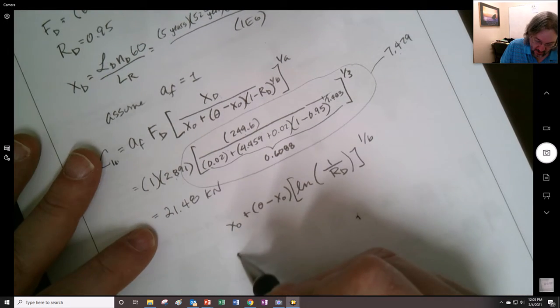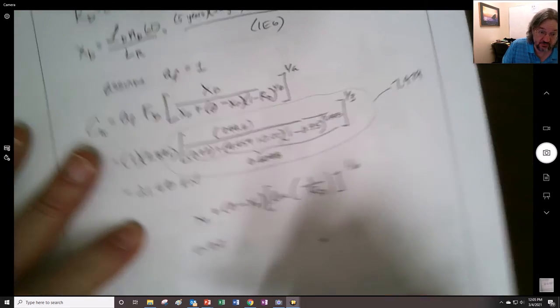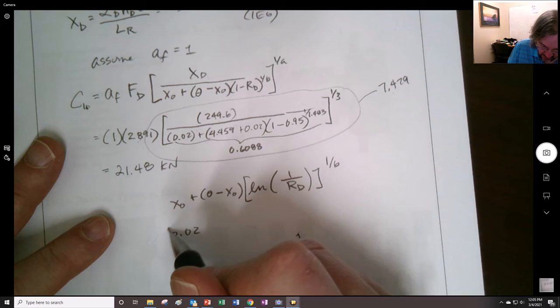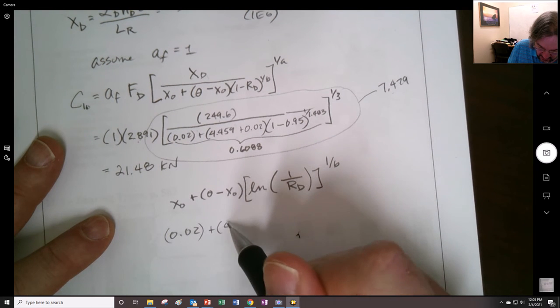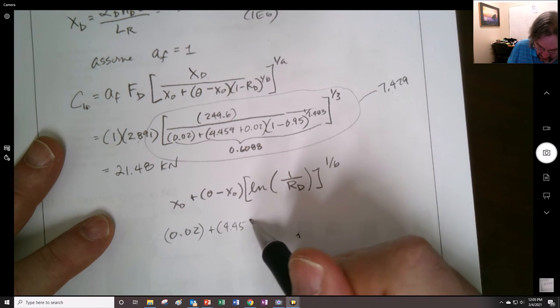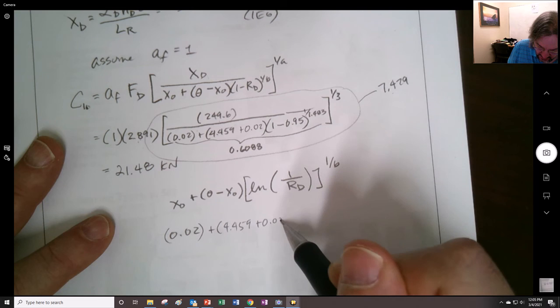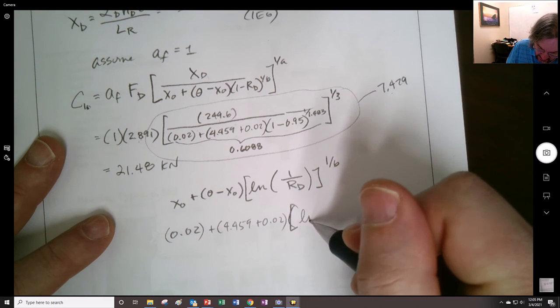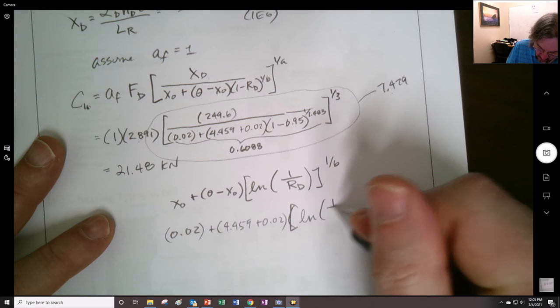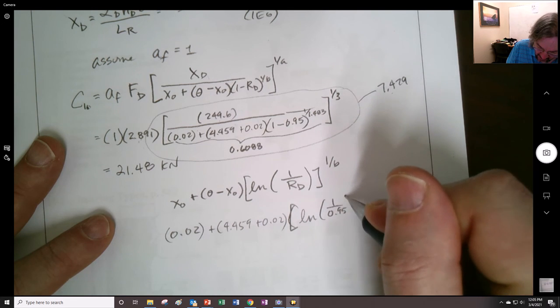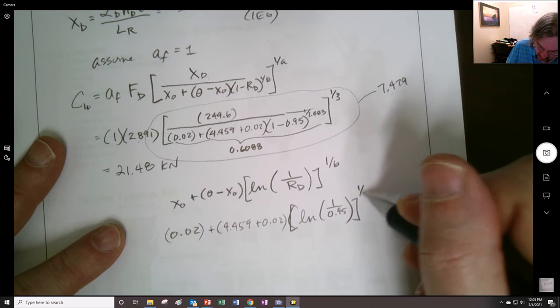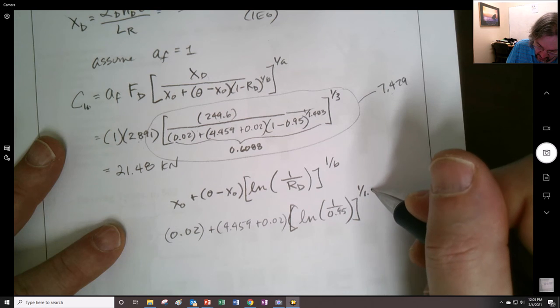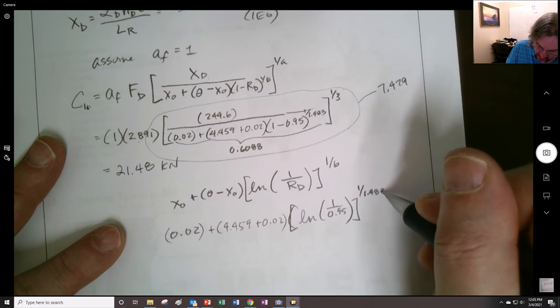So 0.02, and you don't need to see this thing sideways. 0.02 plus 4.459 plus 0.02. And now we're going to say natural log of 1/0.95 raised to the 1/1.483.